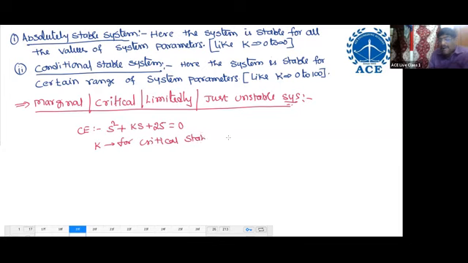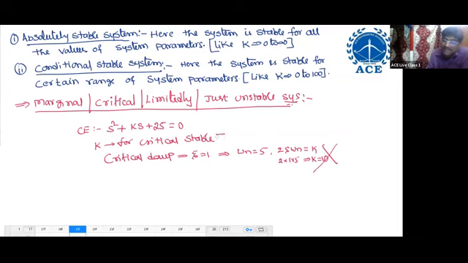Some people considered critical damped, where zeta is 1. Omega n becomes 5, so 2 zeta omega n equals k, so k is 10. Option 10 was there and they selected it. It is wrong.